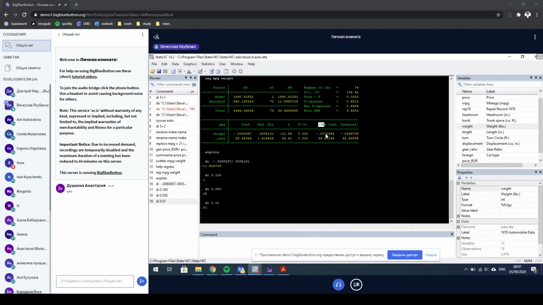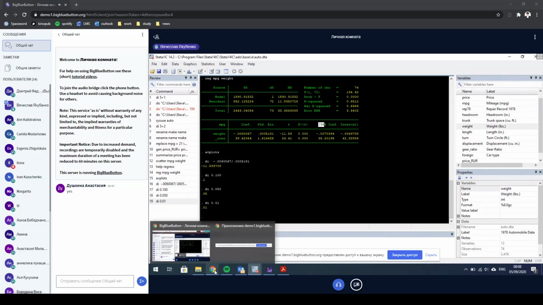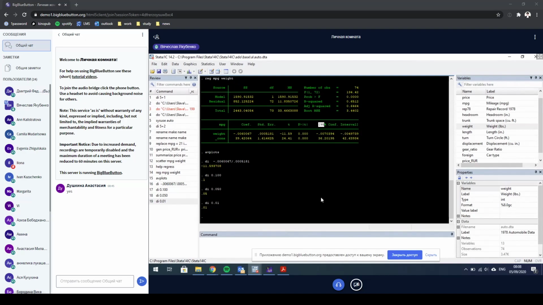So for example, if you need a 100% confidence interval, you say minus infinity plus infinity, because all numbers are there, and we're 100% sure that the beta will be in this interval. However, maybe it doesn't give you much information, because it just tells you that yes, beta is some number.